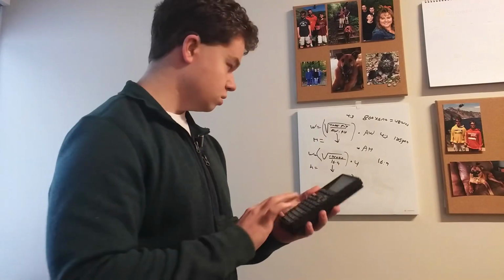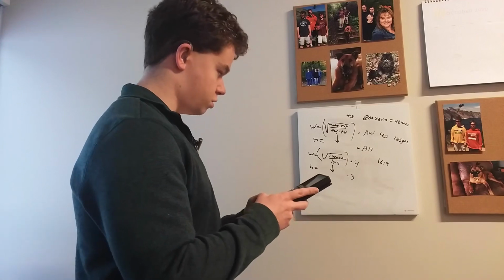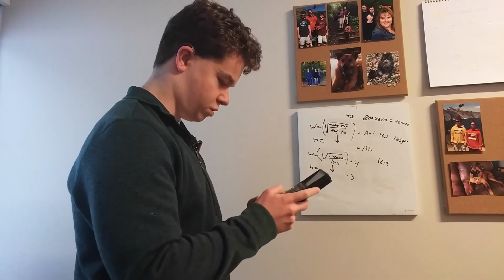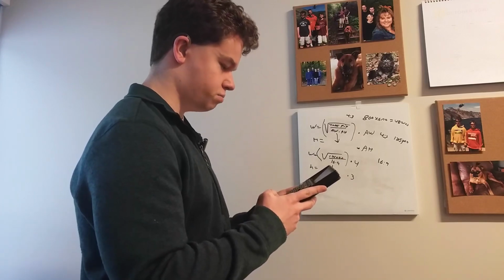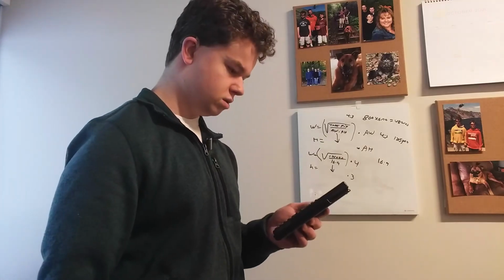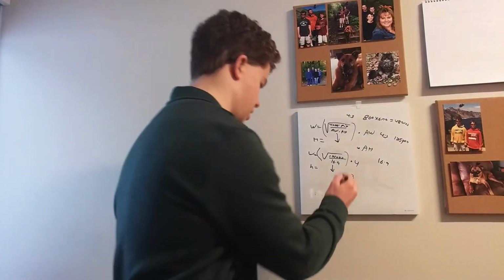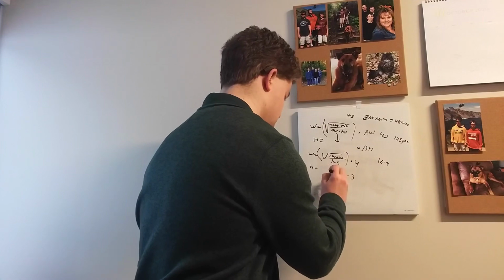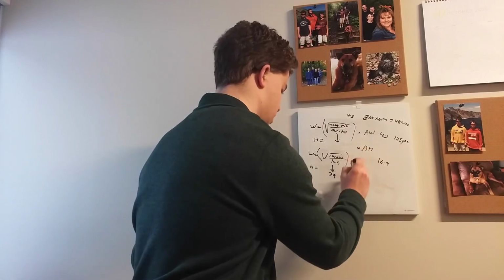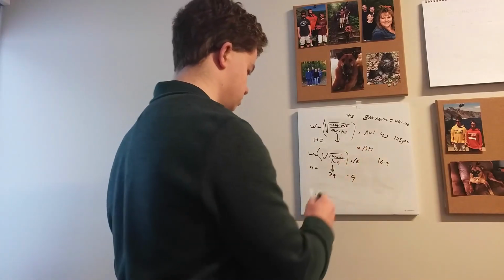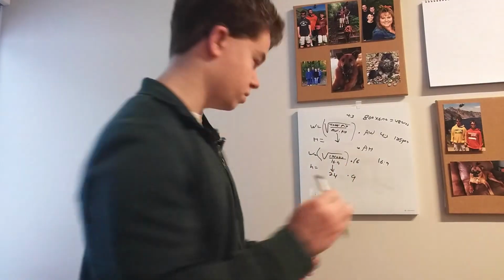So if I were to take the square root of 125,000 divided by 144, then I get basically 29 effectively. Oh, and it's not times 4 and times 3, my bad. It's times 16 and times 9. So this is 24, I believe. Yep. Oh, no, 29 was right.